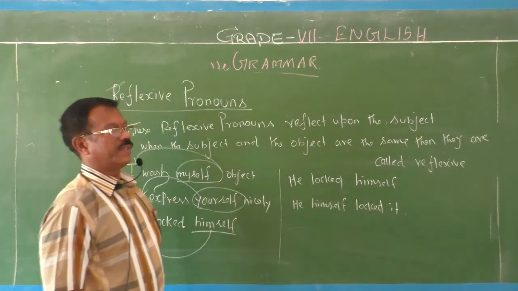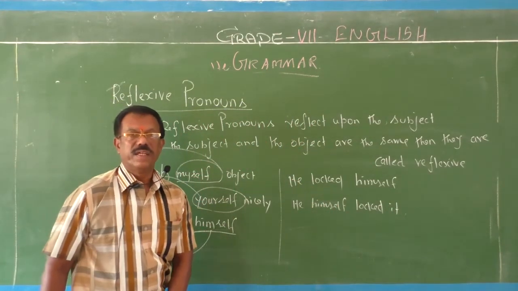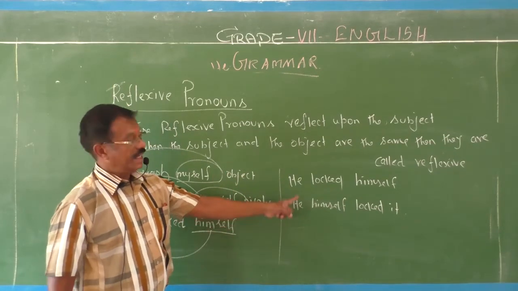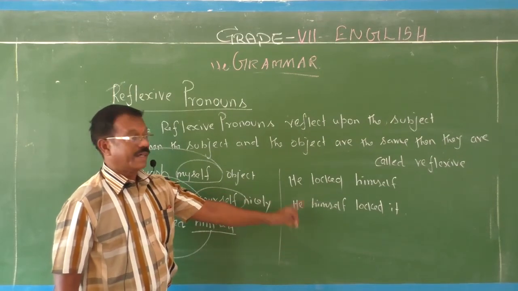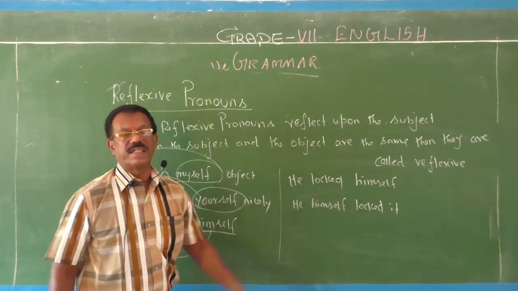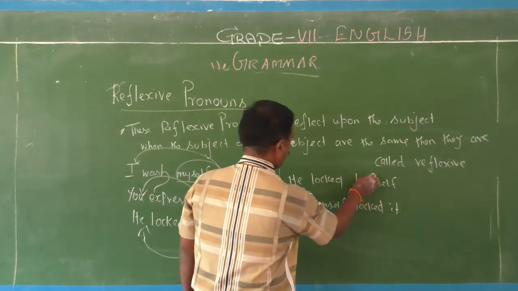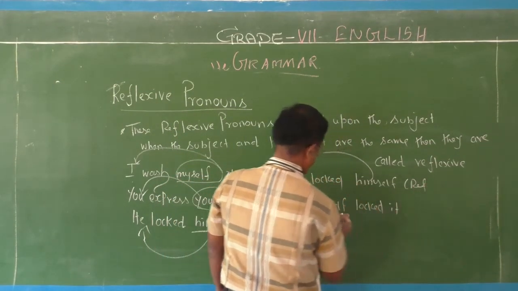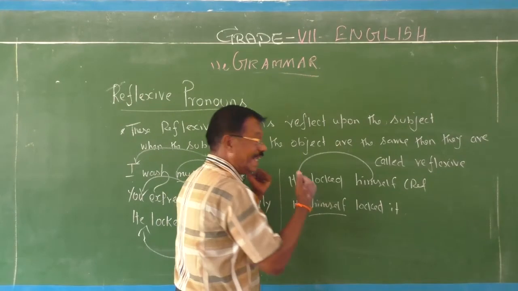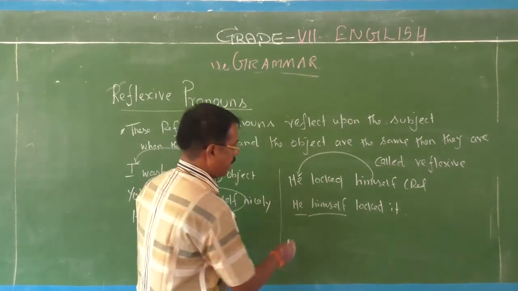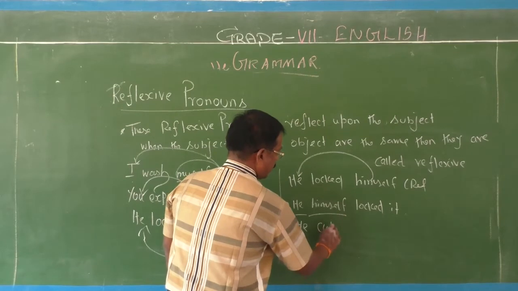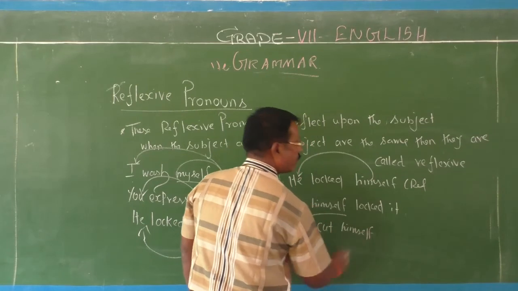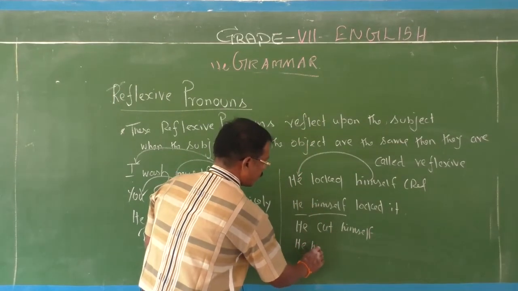You should understand the difference. He locked himself. Here, he locked whom? But in he himself locked, it is not him but somebody else. That's different. So here himself reflects upon the subject, therefore it is a reflexive pronoun. But here it emphasizes he did it. He himself locked. He cut himself. See, he cut himself. And then he himself cut.